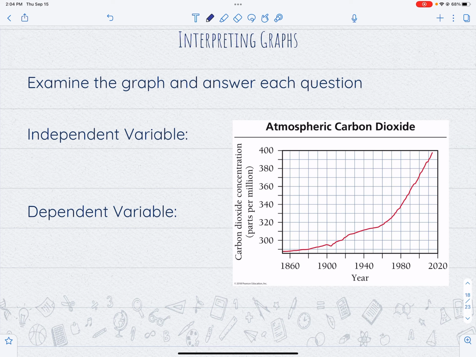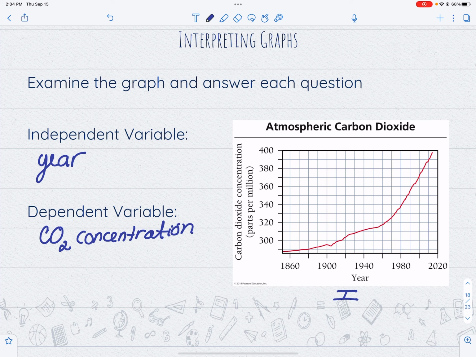The independent variable always goes on the horizontal axis. Okay, so my independent variable is the year, and my dependent variable is carbon dioxide concentration. If I look at the units there, they're in parentheses.